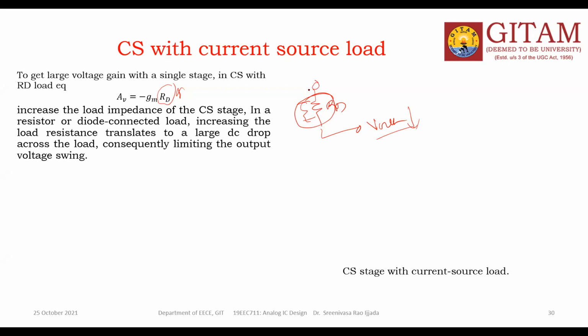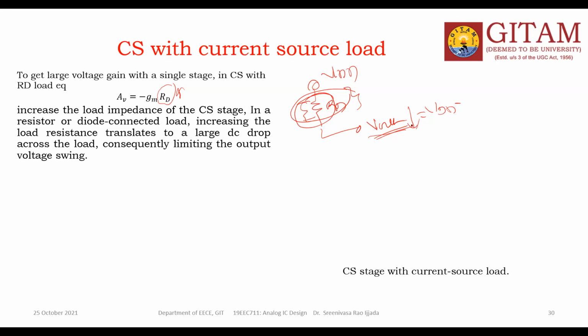See, this is the VDD, and this is the output. Output is always equal to VDD minus the drop across this resistor. If the drop across this resistor increases, the output definitely decreases. So this is called voltage limiting, the voltage swing is limited. This is the major hurdle of the two circuits which we studied.